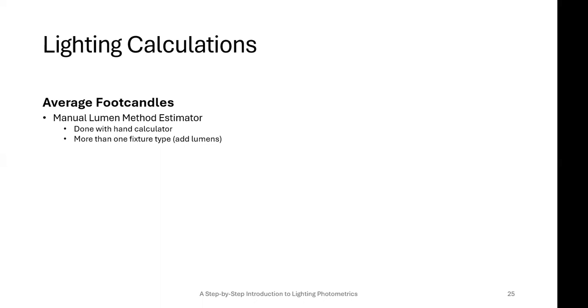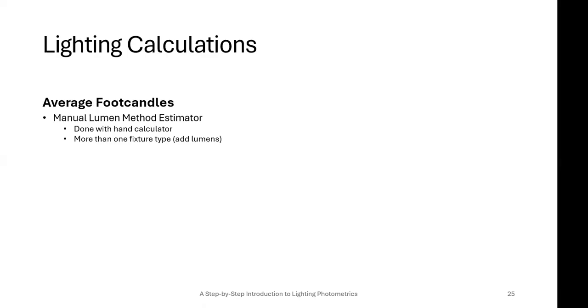So there's different types of calculations. First category that we're going to talk about is something called average foot candles. Foot candles is the amount of light falling on a surface, and we take all these different points and we average them together. We got average foot candles. So the first method is the manual lumen method of estimator.